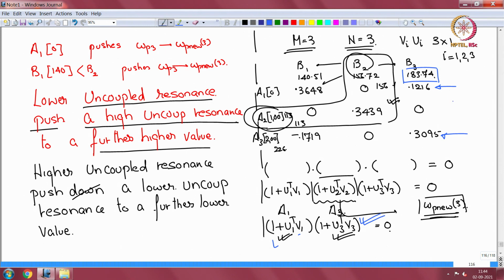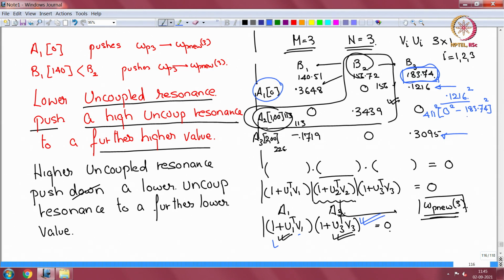Okay, so now how to do that? So the criterion is 0.1216 squared divided by the resonance squared of acoustic mode minus resonance squared of panel mode. So 0 squared minus 183.74 squared, it is in hertz, so into 4 pi squared, the absolute value.